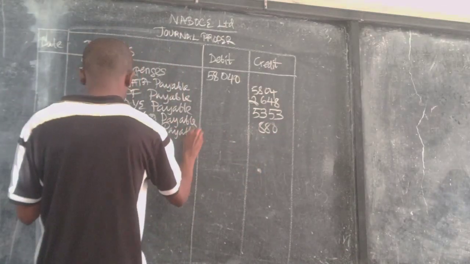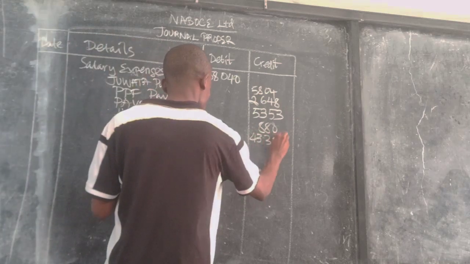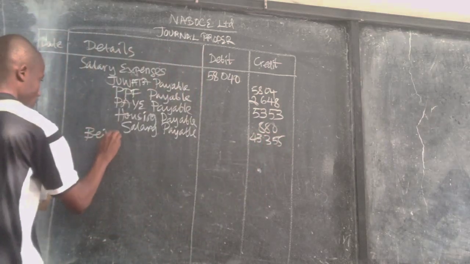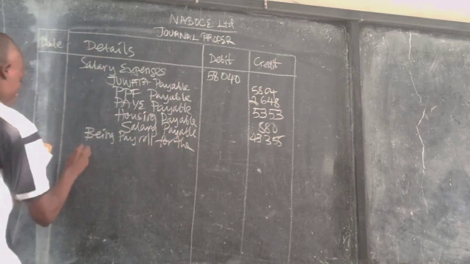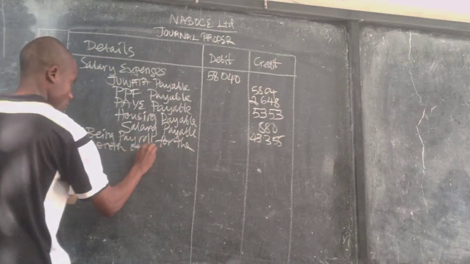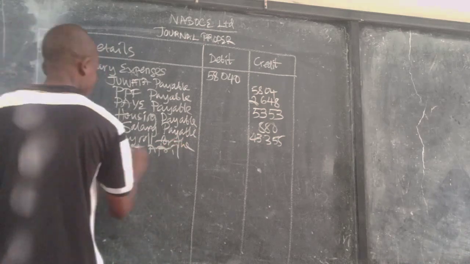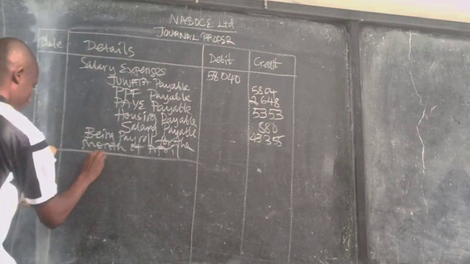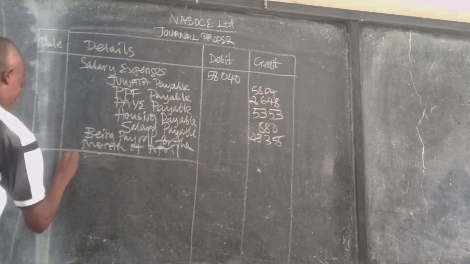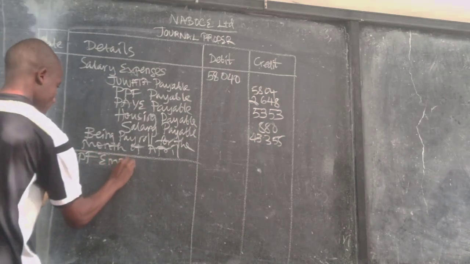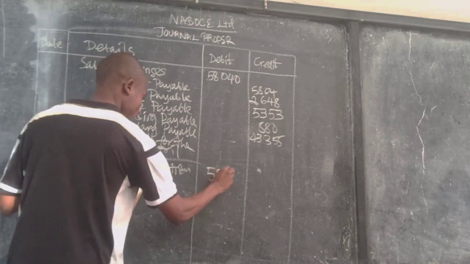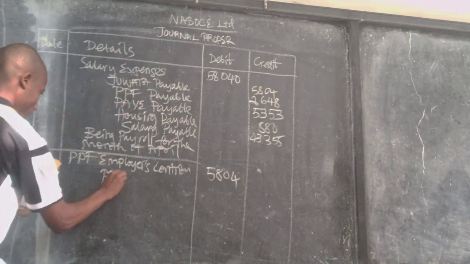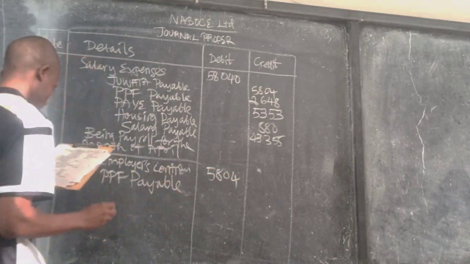Housing payable total was 880. Okay. Salary payable, referring to the net pay, it was 43,355. And then you will narrate by saying that is being payroll for the month of April. You'll close it. Then you will write the PPF employer's contribution, the contribution of the employer, which we calculated was 5,804.